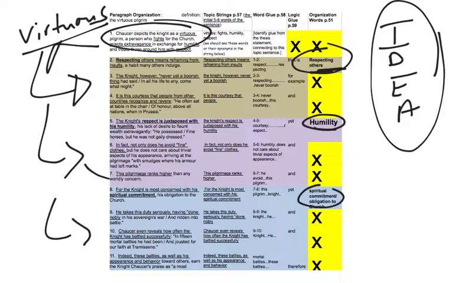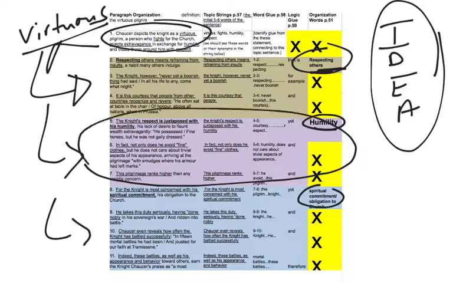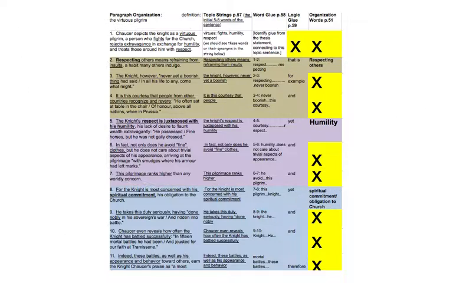And so all of these sentences have to do with that. That's why there's no entry. I'll just sort of clear this ink a little bit. As you're doing the paragraph chart, there's no entry in these boxes because it would be respecting others, because these sentences all have to do with that idea. The same with humility. These sentences are linked by that associative concept. And the same with the final.